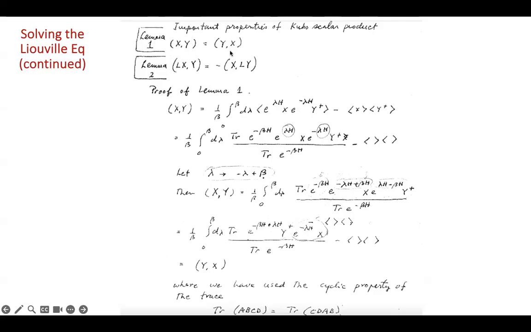So there are two lemmas here, which are very important, about the Kubo scalar product. First is that the order of x and y doesn't matter. (x, y) is the same as (y, x). It's a scalar product, so the order doesn't matter.